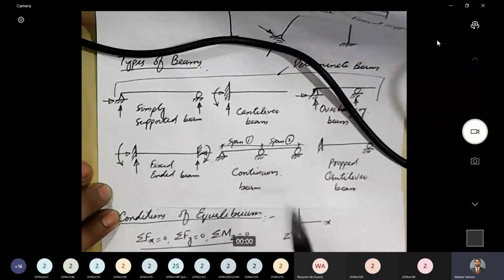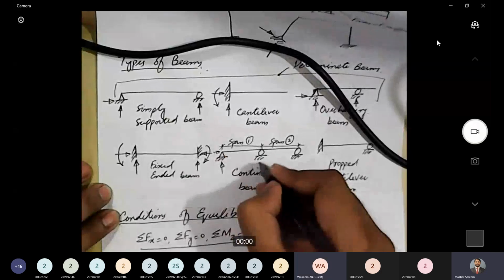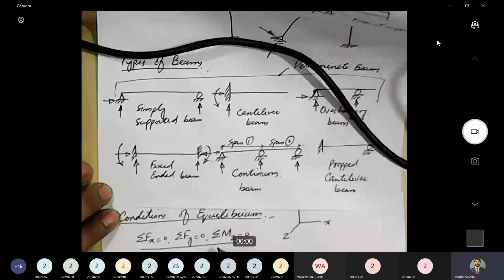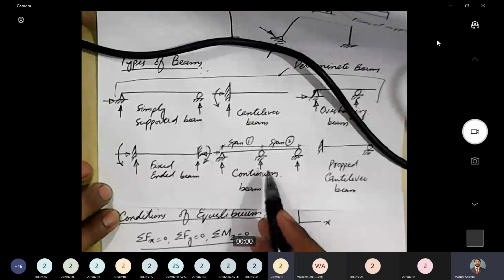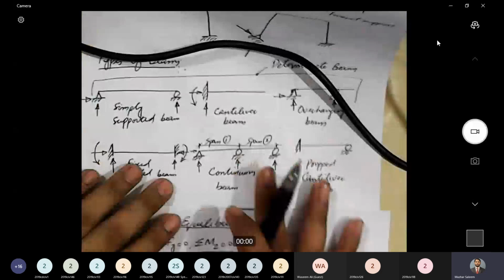Let's move to continuous beam. Let's count the reactions. 1, 2, 3, 4. 4 reactions, 3 equations. Can we analyze this? No, we cannot. So this is an indeterminate beam. Let's move to propped cantilever.